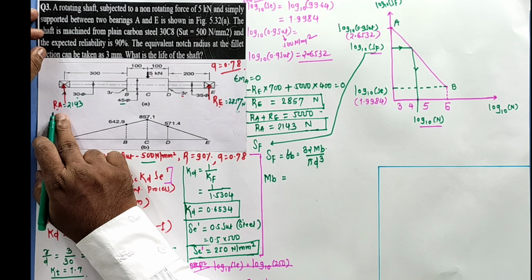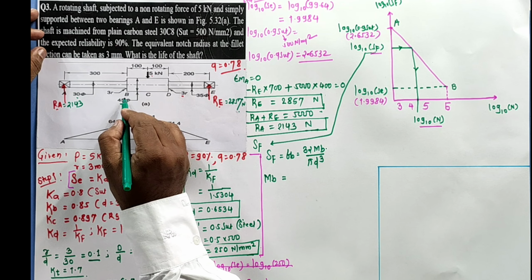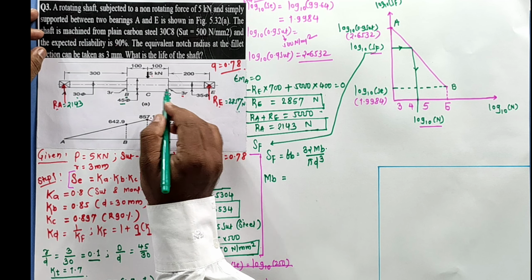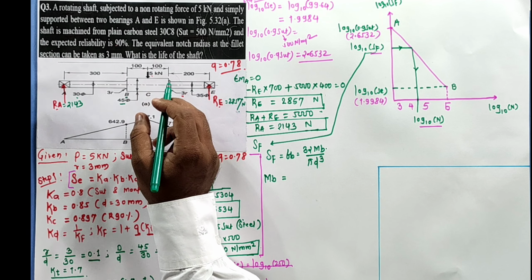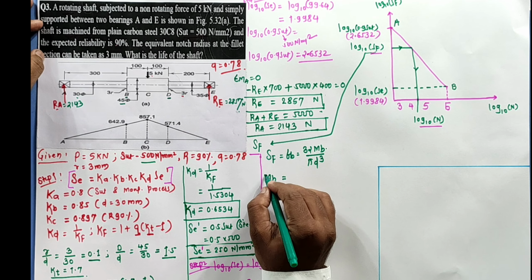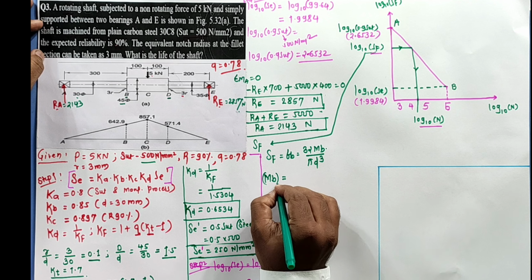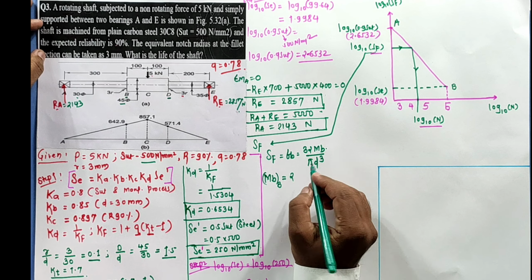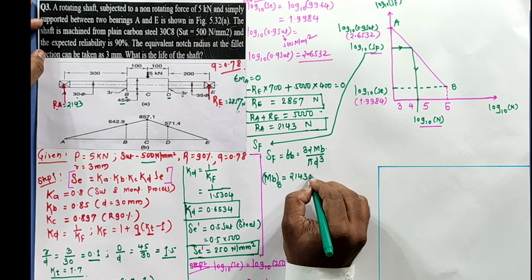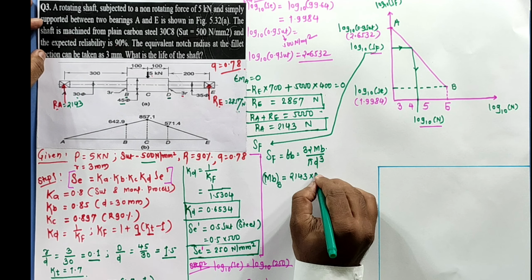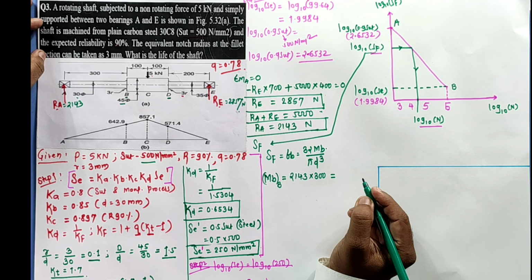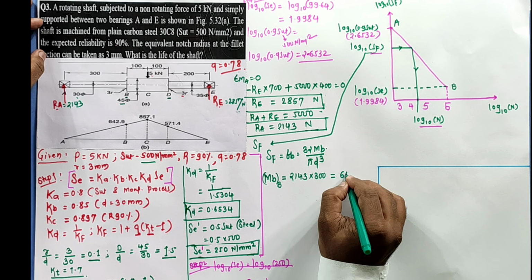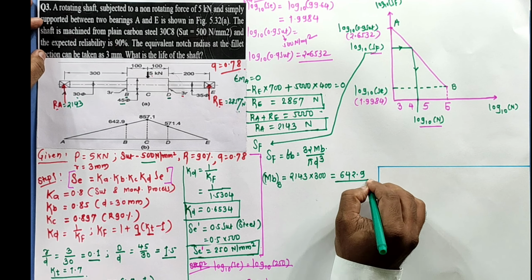So first of all I'll calculate the bending moment with respect to B, this point, and with respect to D, because of these points only bending will occur in this case. So I'll write the bending moment at point B. That is RA into 300, that is 2143 into 300. So this value is 642.9. Correct?